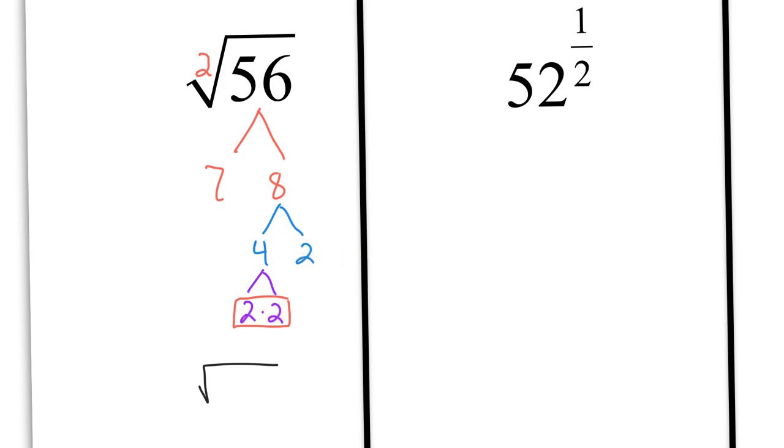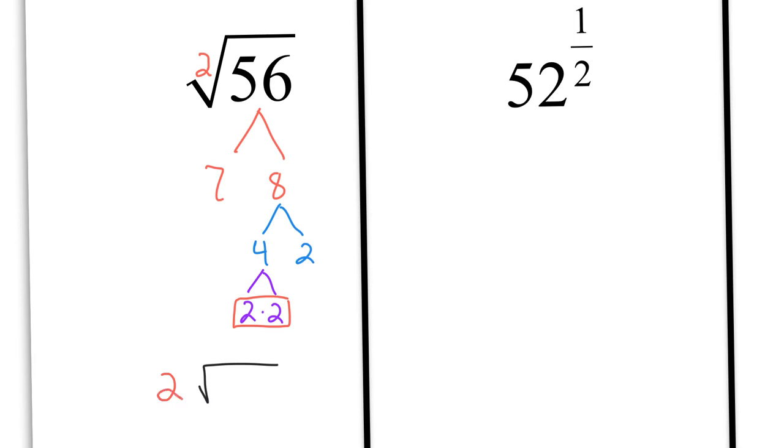So the number with the pair will go outside of the radical, and you write it down how many times you have the pairs. So let's say we have a pair of 1. We have 1 pair of 2s. So you are going to write down the 2 one time outside of the radical because we only have 1 pair.